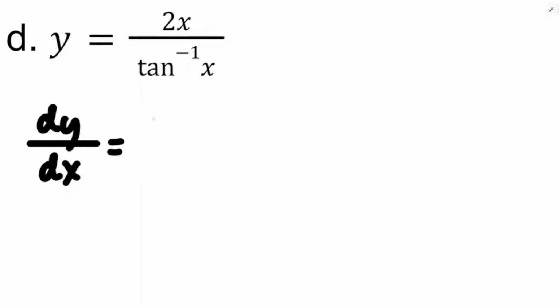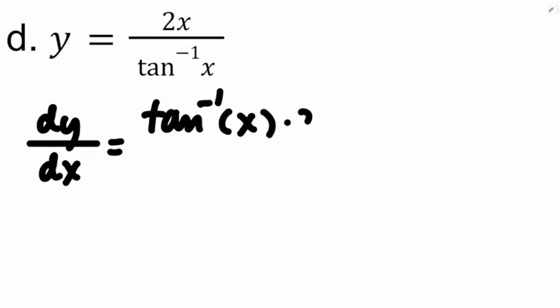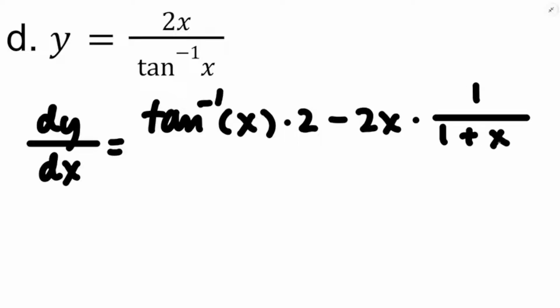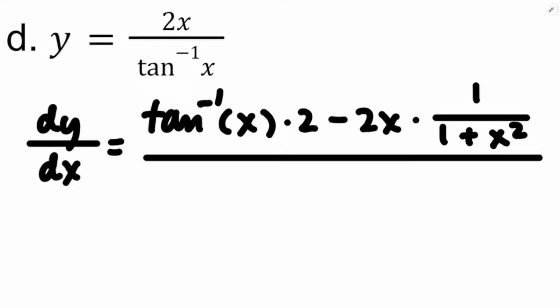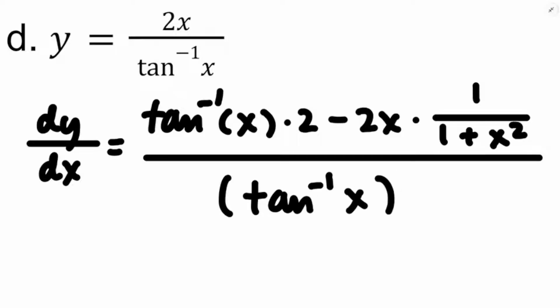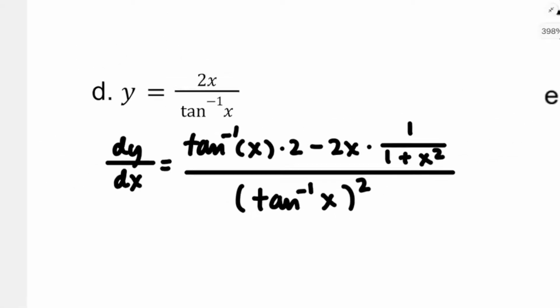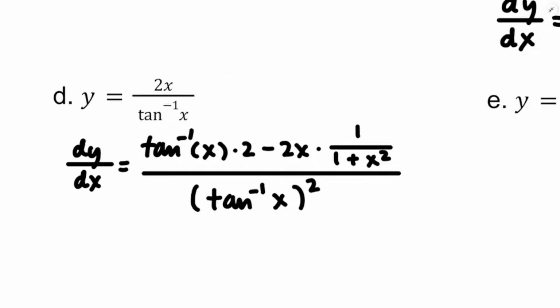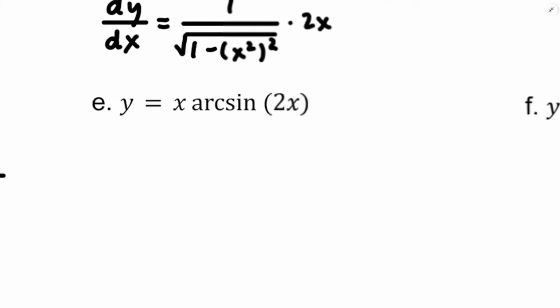That's bottom times the derivative of the top minus the top times the derivative of the bottom, and the derivative of arctangent is 1 over 1 plus x squared. And so we still need to divide by the bottom squared, arctangent of x squared. Now that's a weird derivative, and I would not recommend you try to go and simplify that any farther.